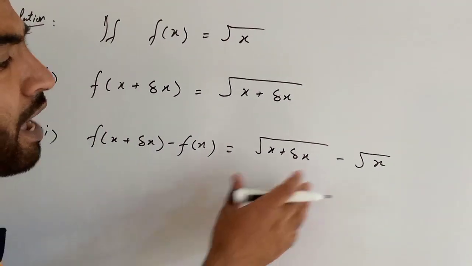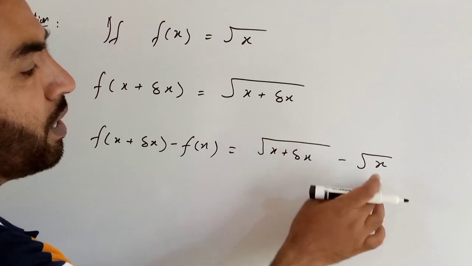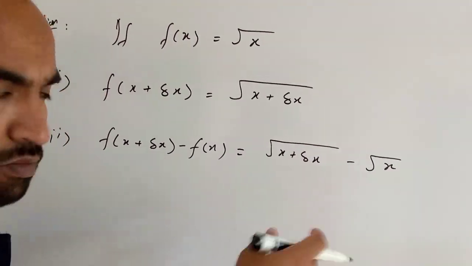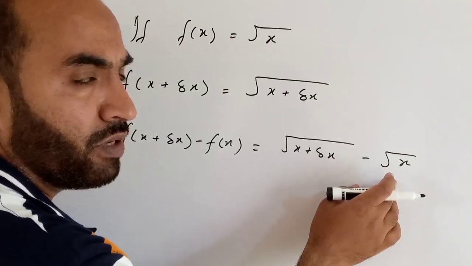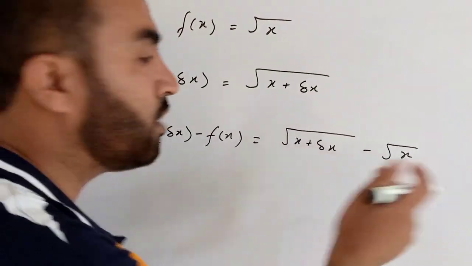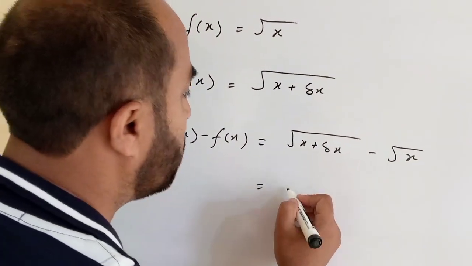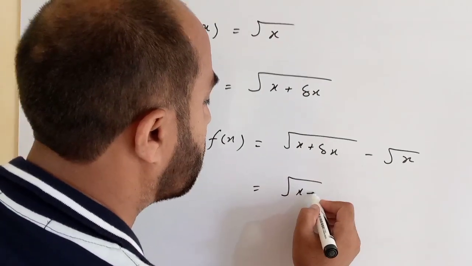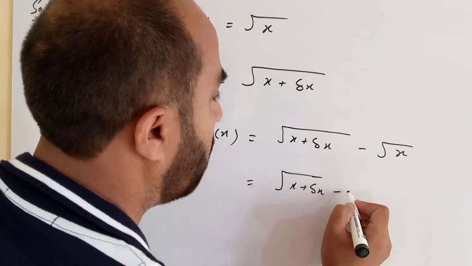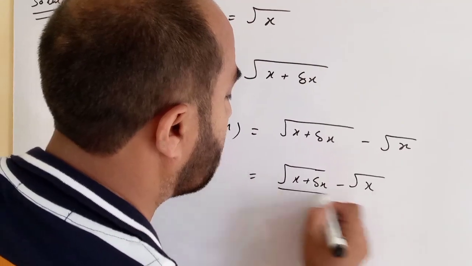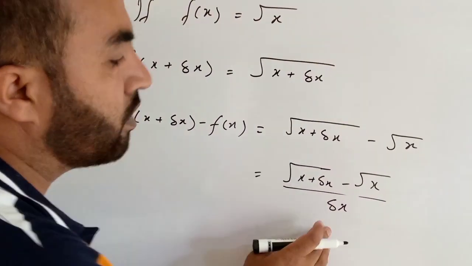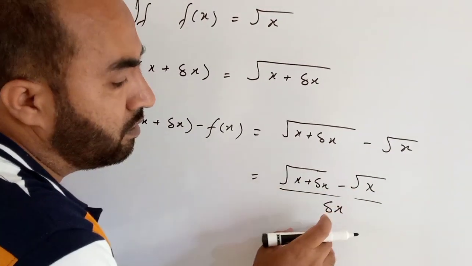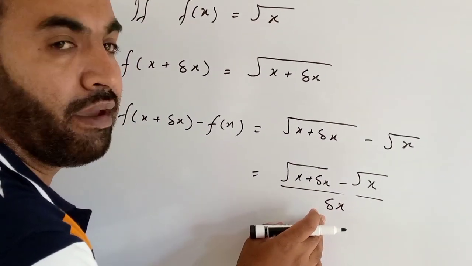In the third step we have to divide this term by delta x. Let's see what happens. We divide this term, square root of x plus delta x minus square root x, over delta x.